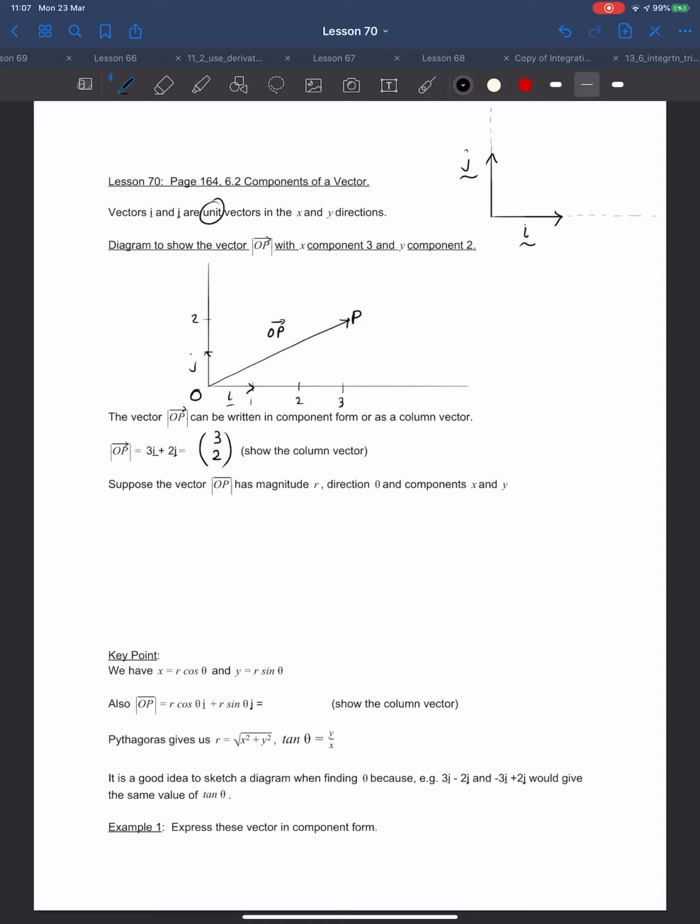Suppose the vector O to P has magnitude r, direction theta, and components x and y. Let's just do that with a straight line. P, O, magnitude r, so that means the length is r. Direction theta would be measured from the positive x-axis.